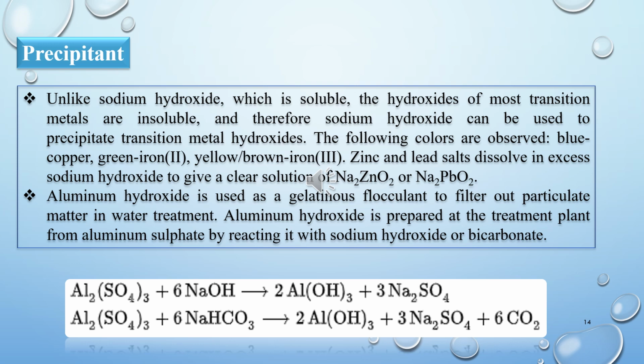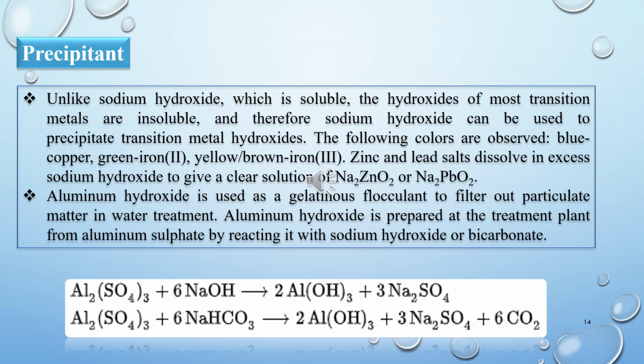And the last point is aluminum hydroxide is used as a gelatinous flocculant to filter out particulate matter in water treatment. Aluminum hydroxide is prepared at the treatment plant from aluminum sulfate by reacting it with sodium hydroxide or bicarbonate.